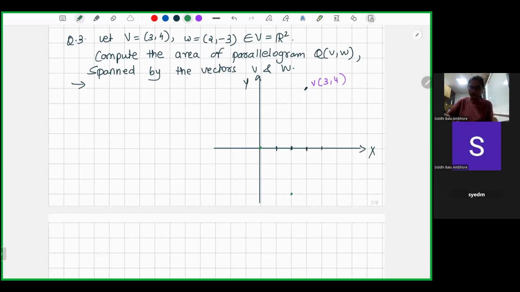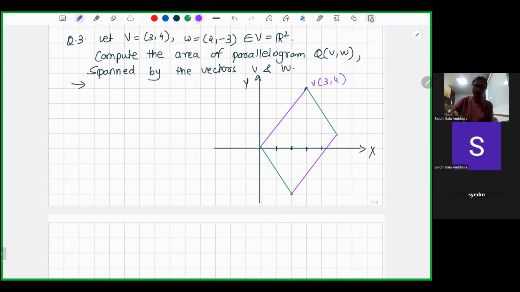It's from here. It's this. And then this again will be here. Okay, so this is my parallelogram. And we have to calculate the area of this one.